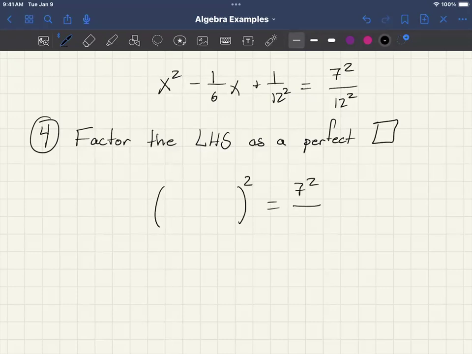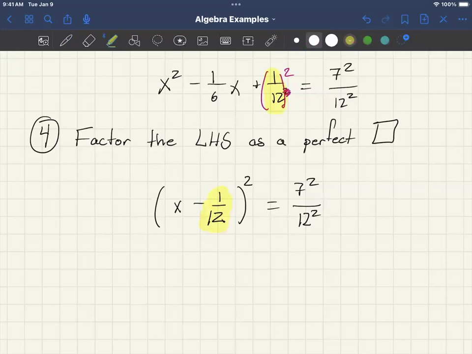Let me make one slight change. I'm going to write this as 12 squared there. The way that this is written, we are going to take this information right here, and that is going to be the number that we are going to put in our perfect square.